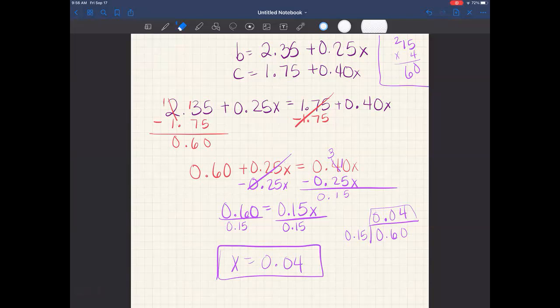Oh, it's 4. Yeah, it's just 4, not 0.6. It's just 4. I was like, wait a second. That's where things went wrong.